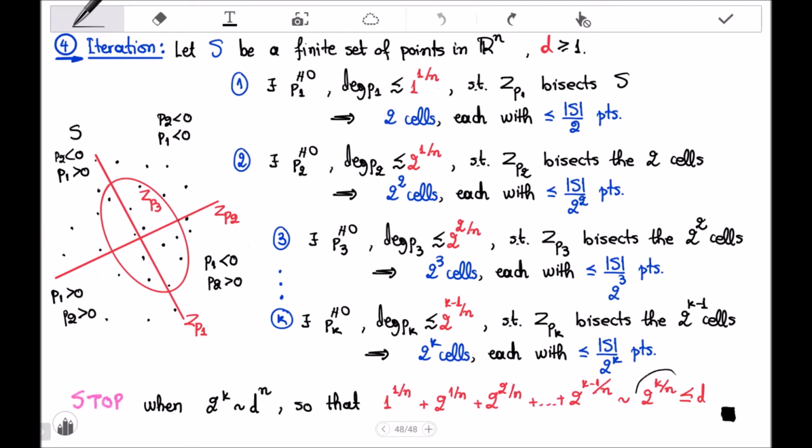So you know pretty much what it is equal to. If the cells are 2 to the k, then the degree used for the whole picture to be created is the number of cells to the 1 over n, pretty much. So if the cells are d to the n, then the degree used is about d. You have to be careful with the multiplicative constant and the point where you stop, so that the degree is literally at most d, and not with a wiggle. That's all. So that is the idea of how you prove polynomial partitioning.